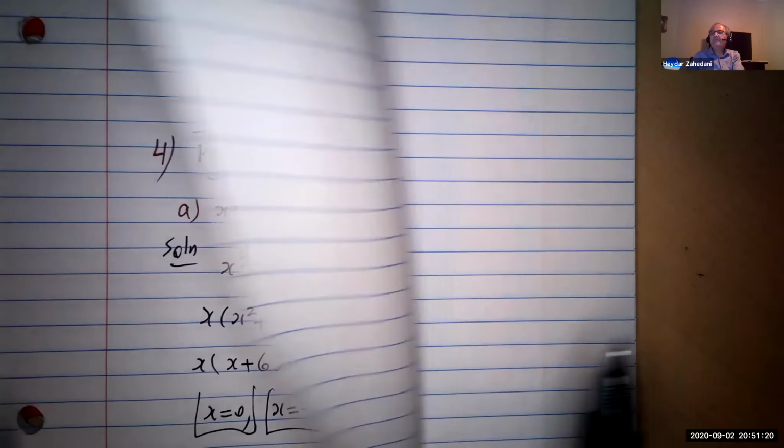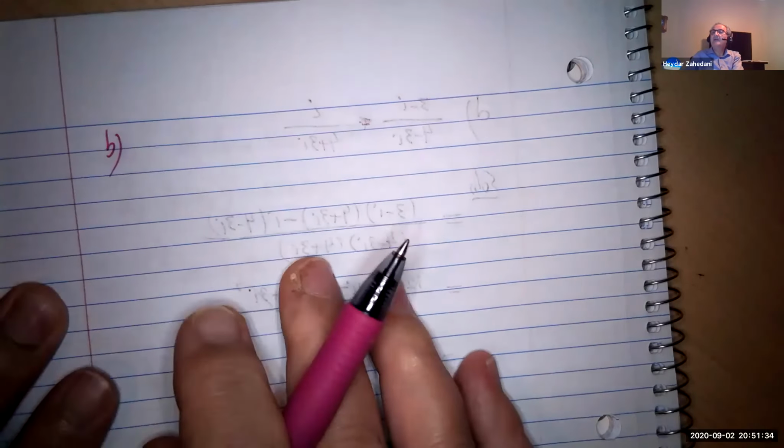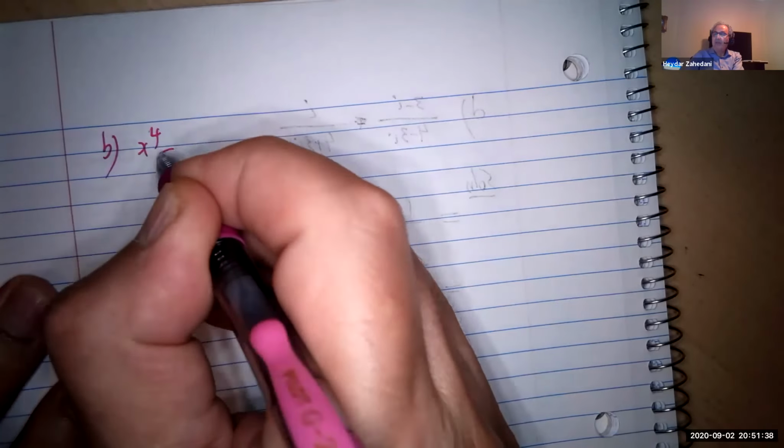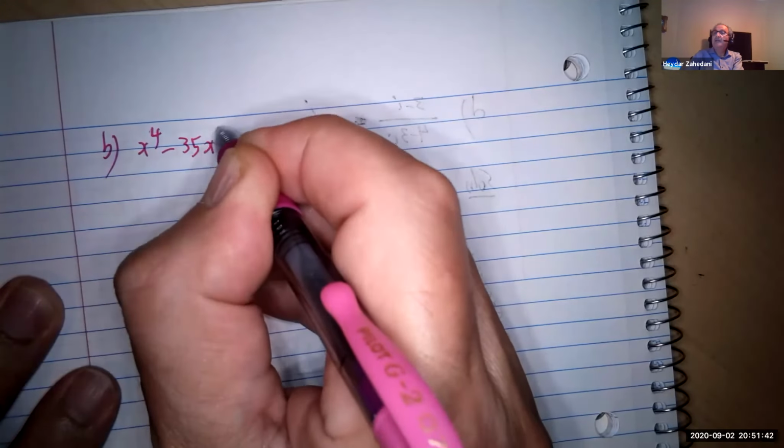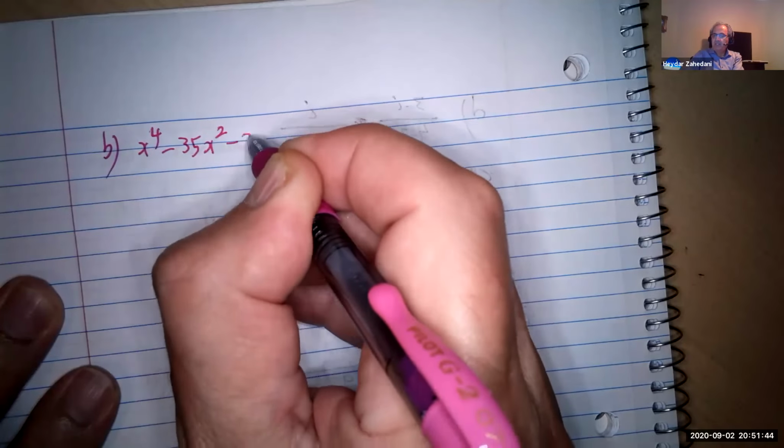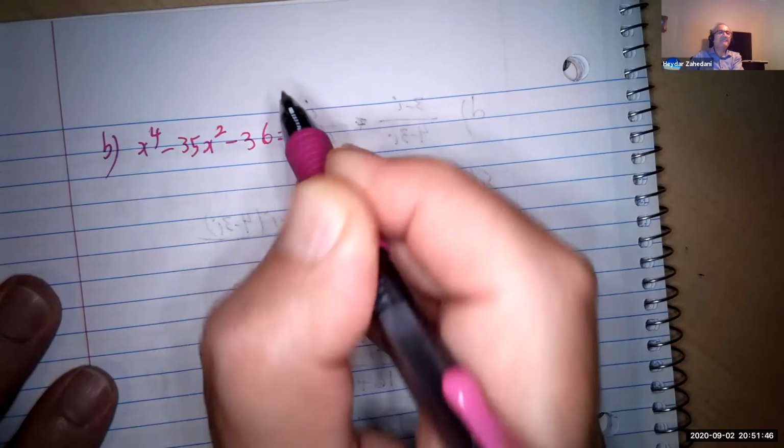Case 2, there are a group of problems of this format in the future. That's why we want to see it. Okay, let's see what is special about this case 2. Case 2, we have x to the 4th minus 35x squared minus 36 equal to 0.